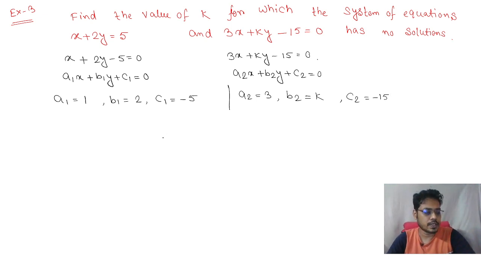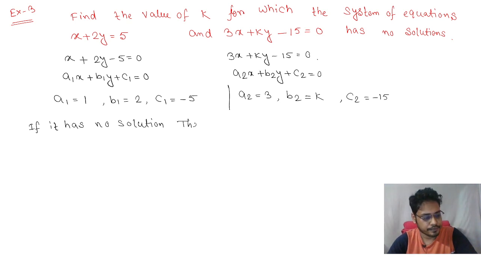Now here you can check that it has no solution. If it has no solution, then we can say a1 by a2 is equals to b1 by b2 not equals to c1 by c2.